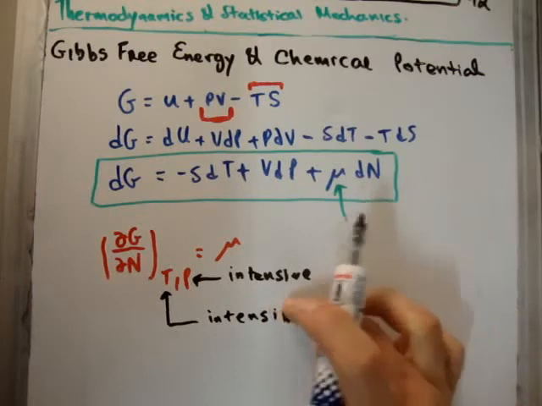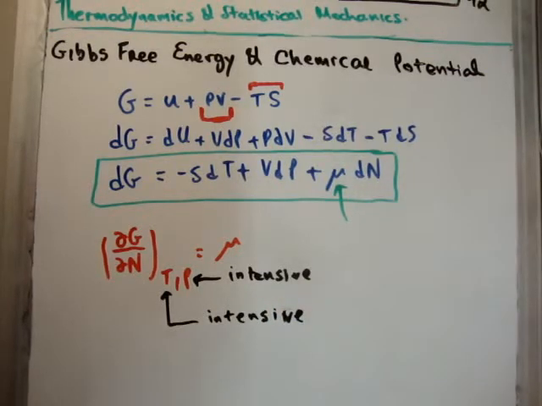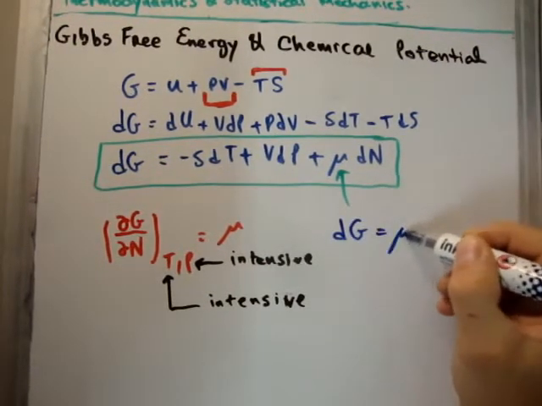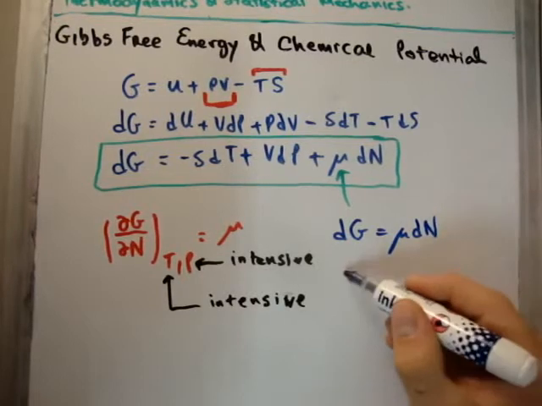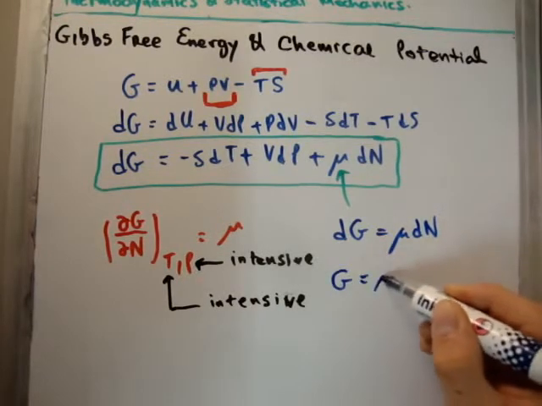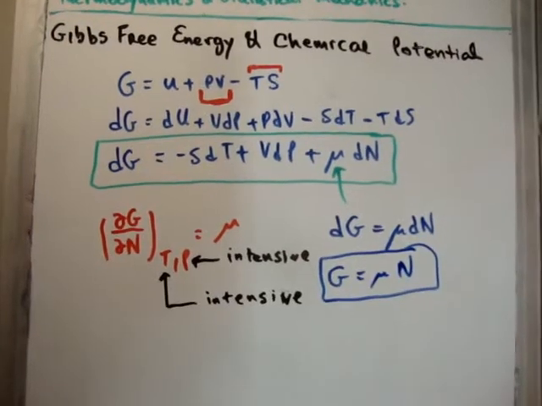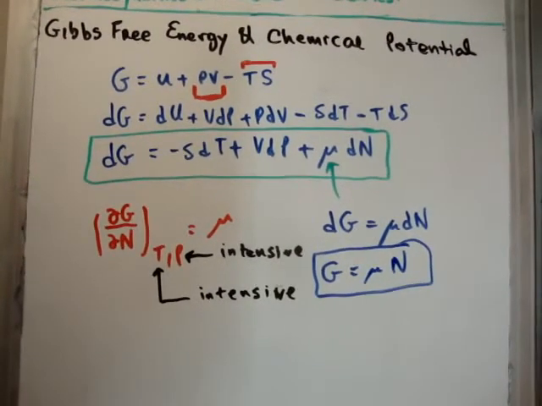So at the moment, what this partial derivative is implying is as follows. If we integrate, dG is equal to mu dN, or if we integrate both sides, capital G, the Gibbs free energy, is equal to mu times N. So it implies that the chemical potential is the Gibbs free energy per particle.